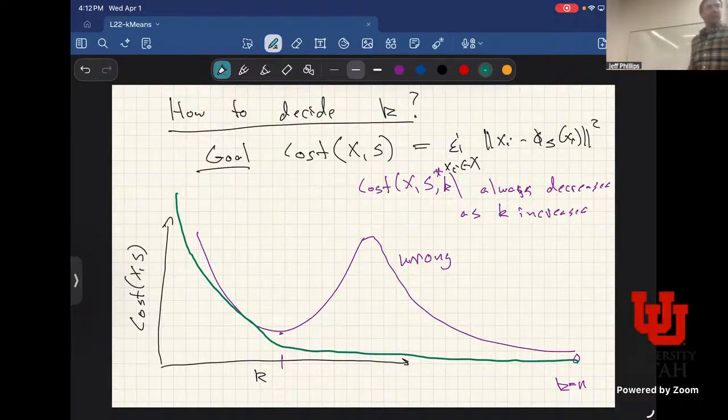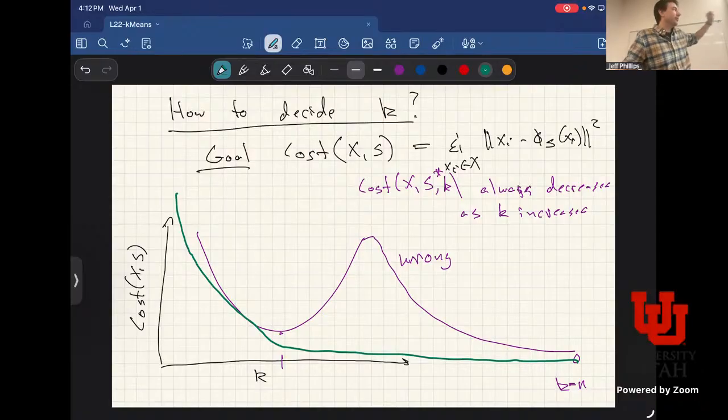Now maybe the answer is more interesting. The inflection point, where the rate of decrease changes at a certain point. Where the second derivative changes? Yeah, this is basically the right thing.